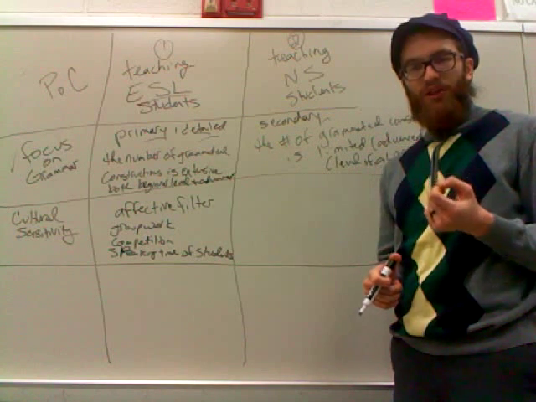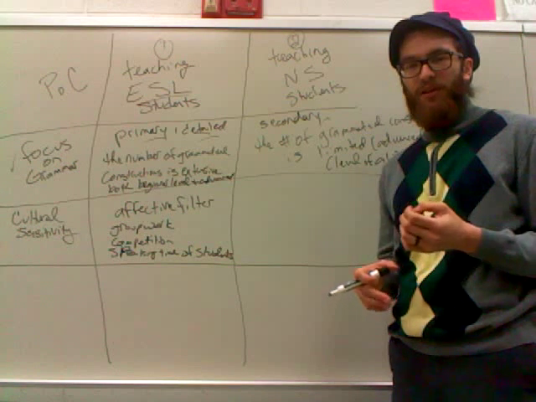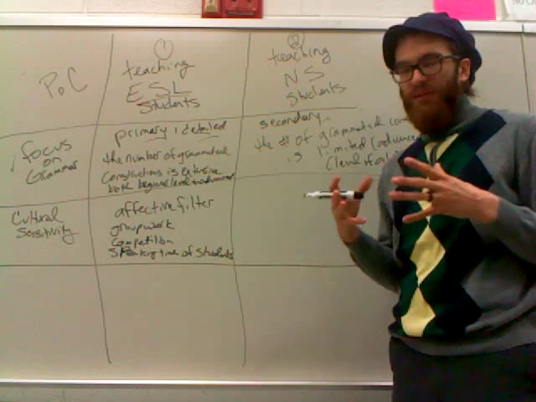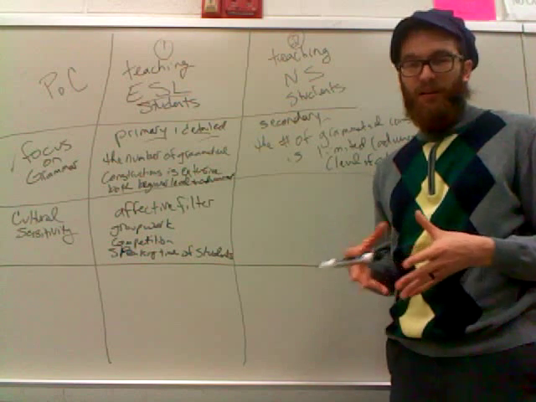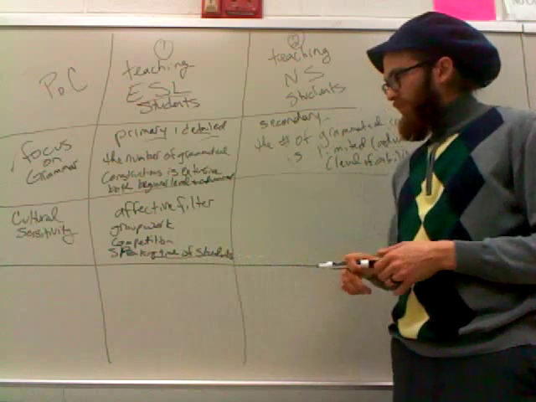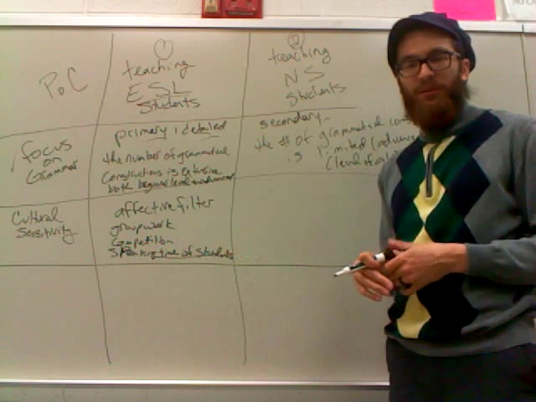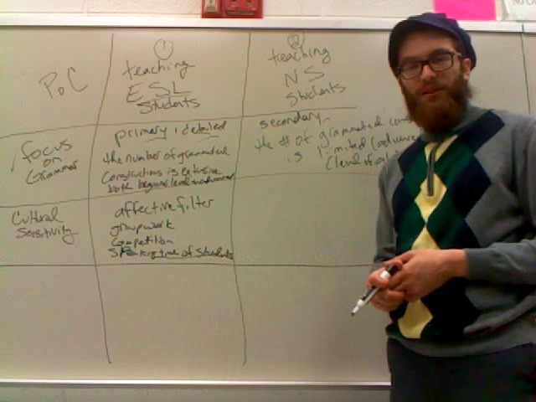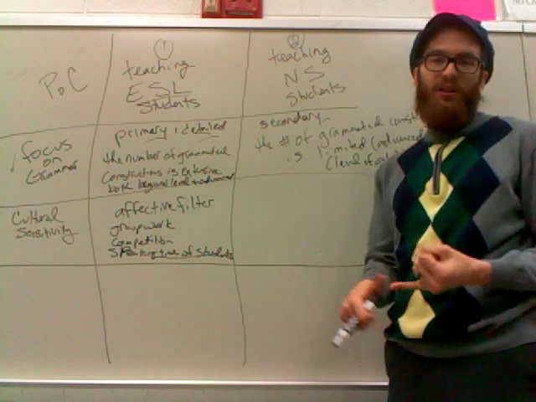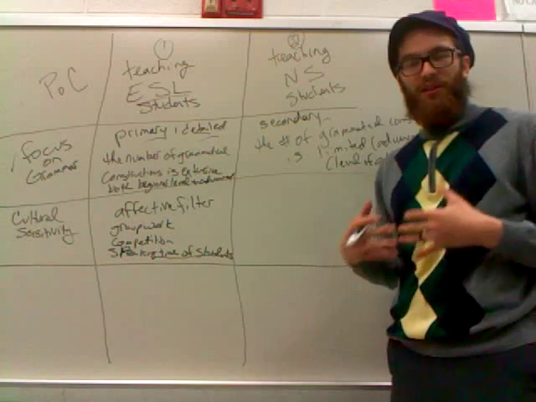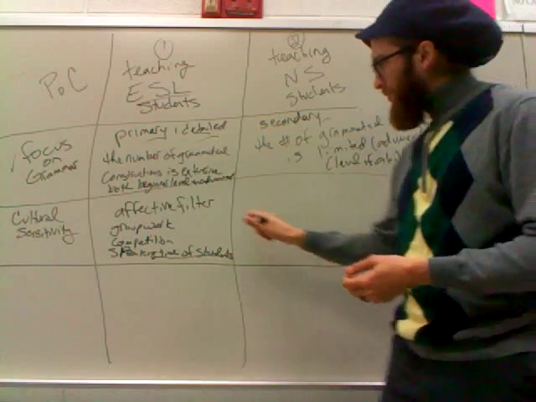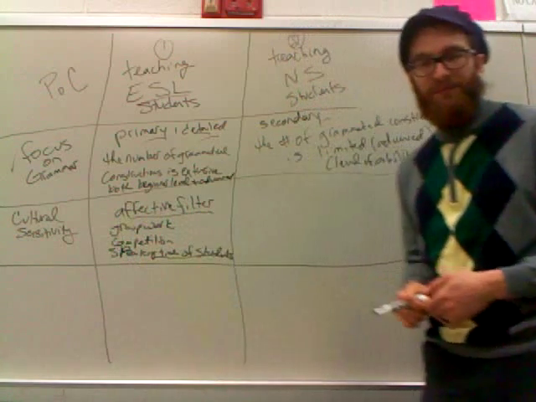Their education system is very much designed around rote memorization and listening to the teacher and not talking in class. So oftentimes I have a pretty significant level of difficulty in getting some of my Asian students to speak in class. It doesn't mean they're not paying attention or aren't engaged with the material. It's just that public speaking is not something that comes natural to them, thus raising the affective filter.